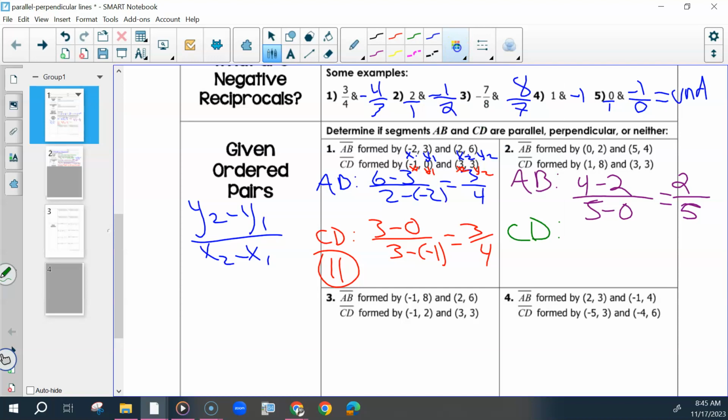And then for CD, we have 3 minus 8 over 3 minus 1. Negative 5 over 2. And these would be parallel, perpendicular, or neither. Perpendicular, how do you know that? They're negative reciprocals. Okay, so I'm going to give you some, actually, I'll wait until we do number 3.